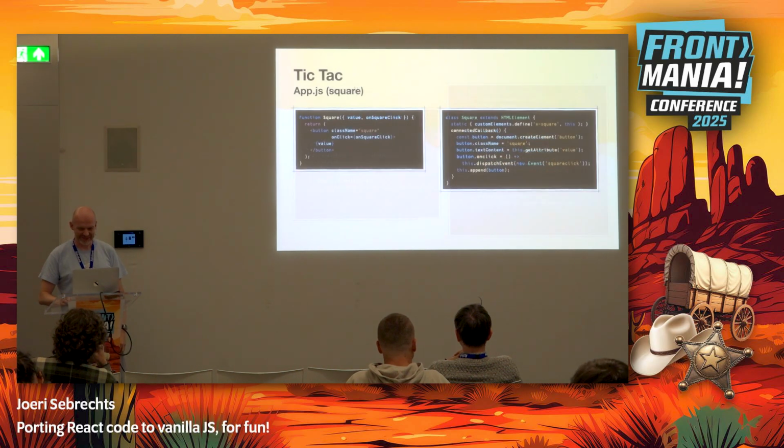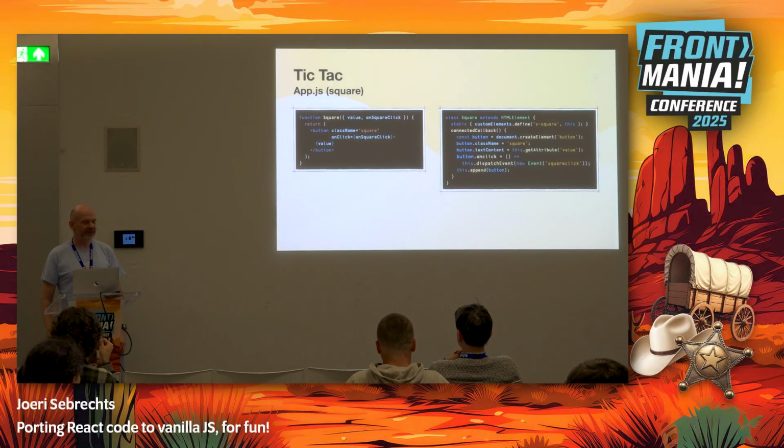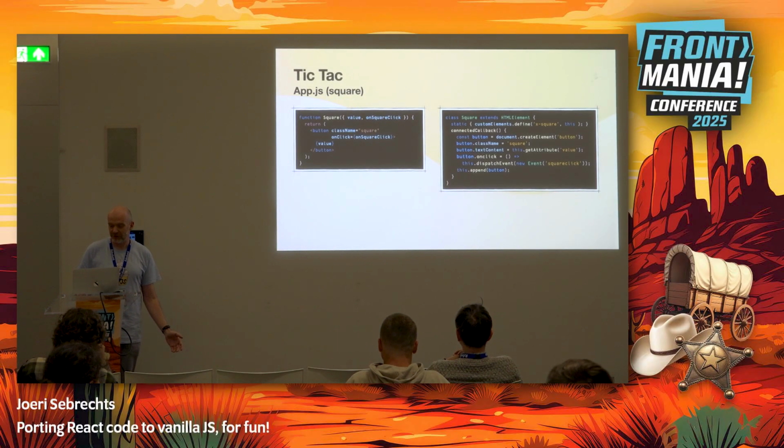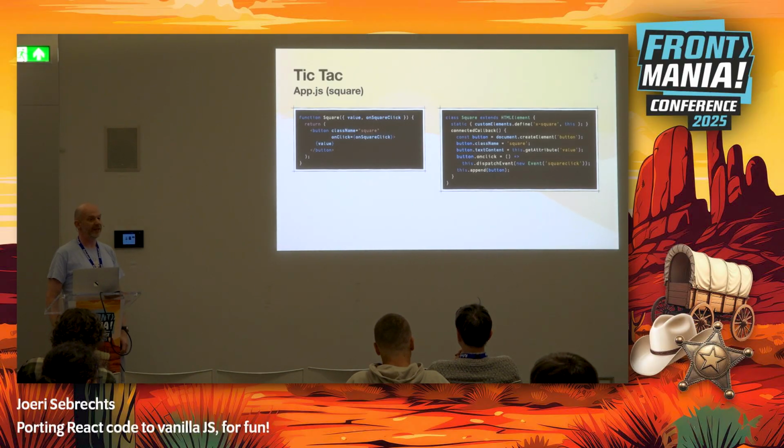All right. The square, that part is uninteresting and ugly on the vanilla side because I used raw DOM API calls. The only part I want to point out there is the dispatch event call, which dispatches a custom event, square click. And yes, you can just dispatch whatever event you want. There's no rule that says you must dispatch a known event type.